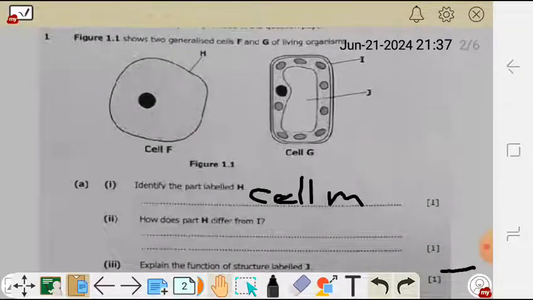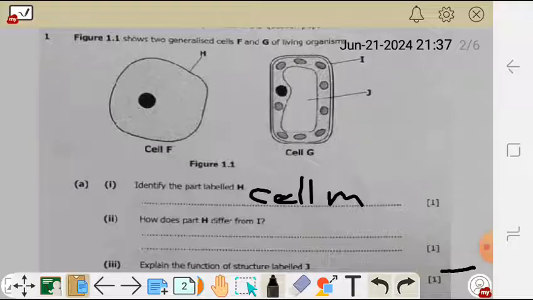Then question A2 says, how does part H differ from part I? The outer membrane in a plant cell is the cell wall. So they are asking us what's the difference between the cell membrane and the cell wall, which is in this plant cell here.